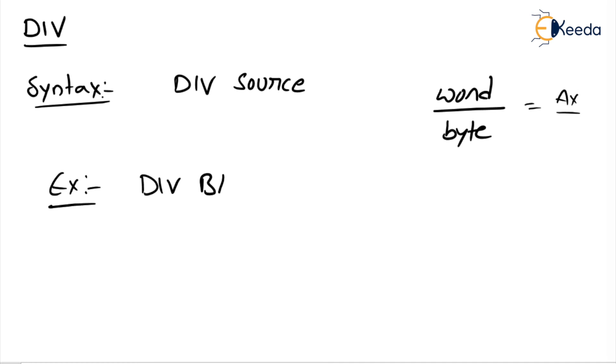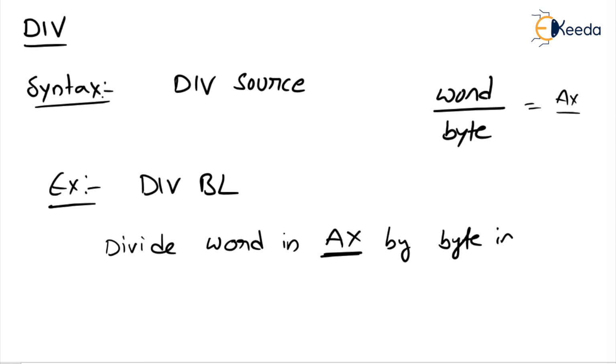That means divide the word in AX by the byte in BL. We are giving only the source.